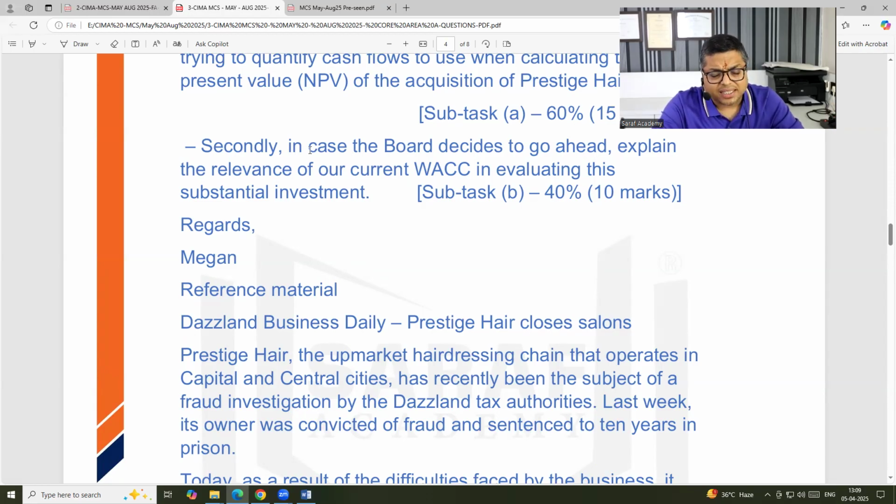So whether we can use the existing WACC or not is a question mark. We can use the existing WACC because the size of the investment is not very big as compared to our existing one. We can use the WACC if the debt equity ratio remains the same in the new project and it is incremental.